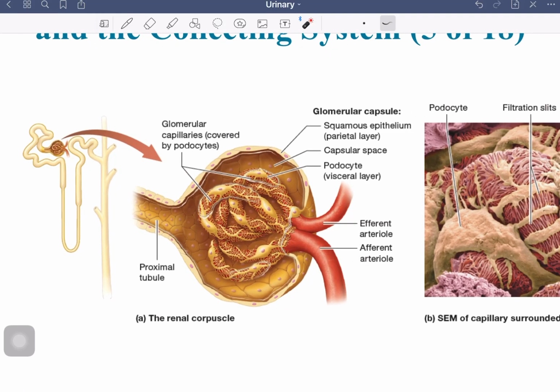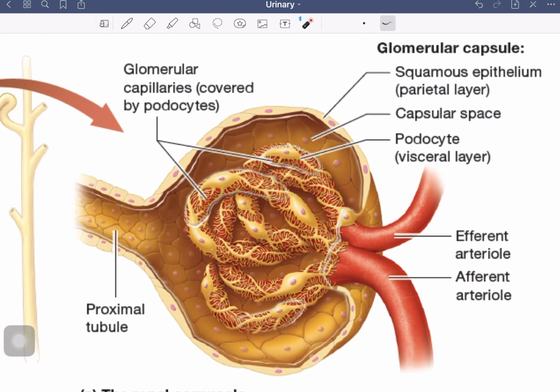So let's have a look. Here we have the afferent, which brings blood in. Of course, the efferent is what takes blood out, right? Efferent versus afferent. And then here are the capillaries, and you can see it forms this sort of ball of capillaries. And when we're looking at the glomerular capsule, out here is the parietal layer.